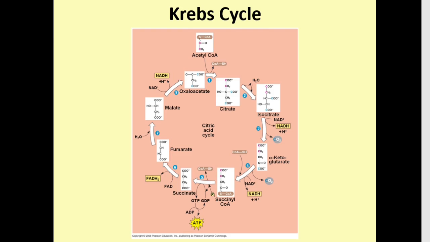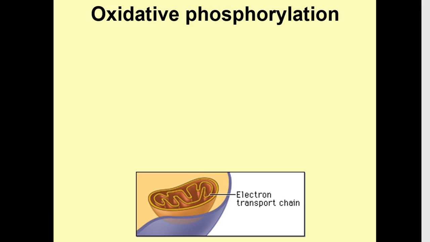We've generated a small amount of ATP, so 2 in glycolysis and now 2 during the Krebs cycle. And we've harvested up a lot of electrons during all of those stages. The next thing we have to do is we're going to put those electrons to work. We're going to do that during the process of oxidative phosphorylation via the electron transport chain.